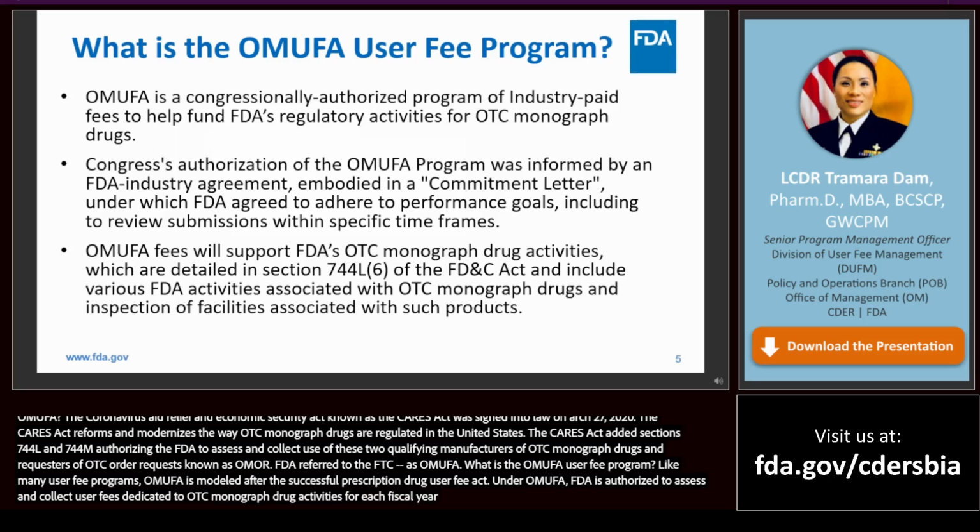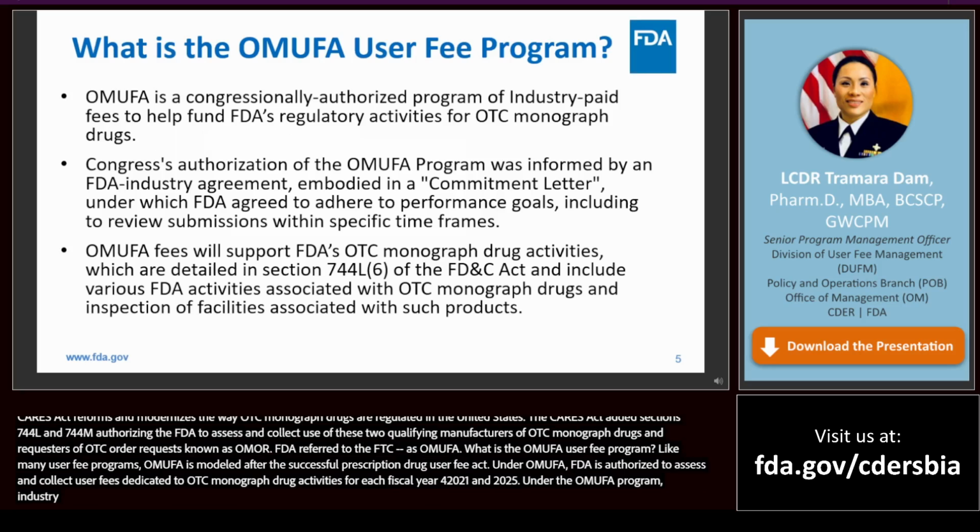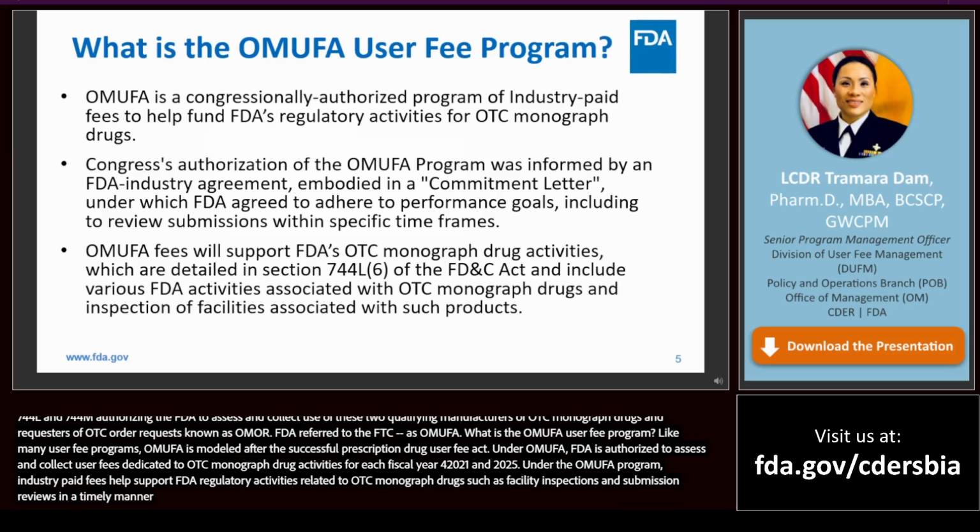Under the OMUFA program, industry-paid fees help support FDA regulatory activities related to OTC monograph drugs, such as facility inspections and submission reviews in a timely manner, and ultimately help provide the public with access to innovative OTC monograph drugs.